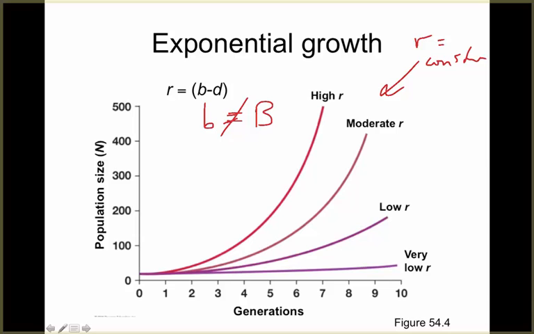Just because more elephants are being born doesn't mean that the birth rate per elephant has changed. And if it's, in fact, exponential growth rate, then to a first approximation, one can assume that R is constant, which can occur if B and D, the per capita birth and death rates, are also both approximately constant, not changing in time.